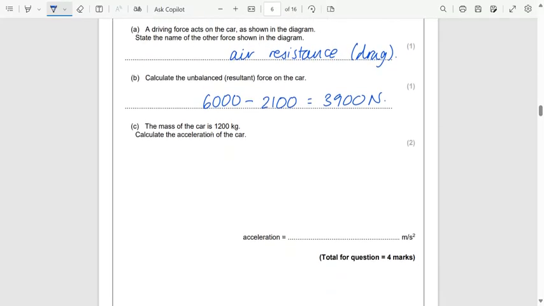The mass of the car is 1,200 kilograms. Calculate the acceleration of the car. So we've got a mass. Write down what you know, and we're trying to find acceleration.